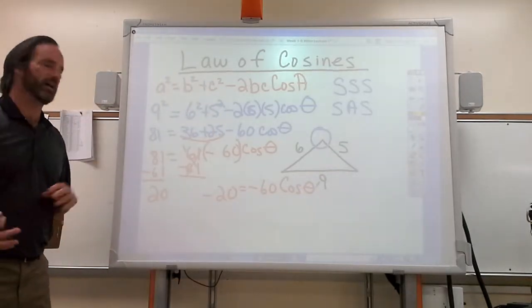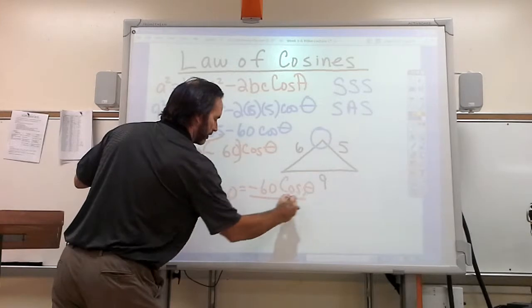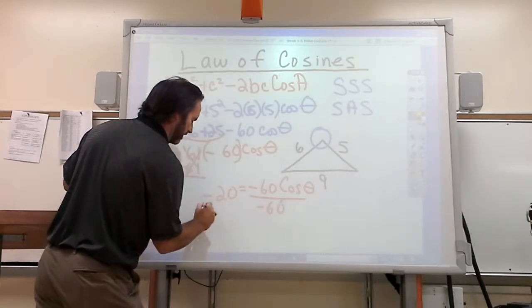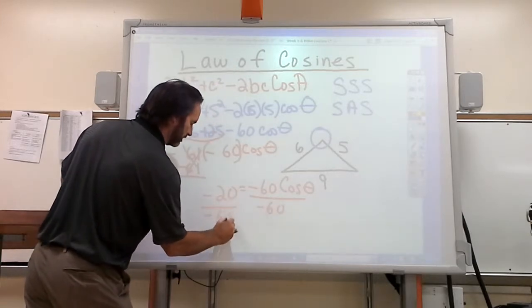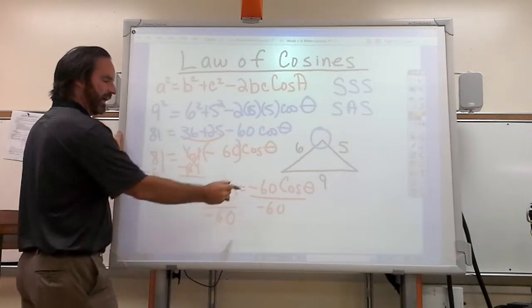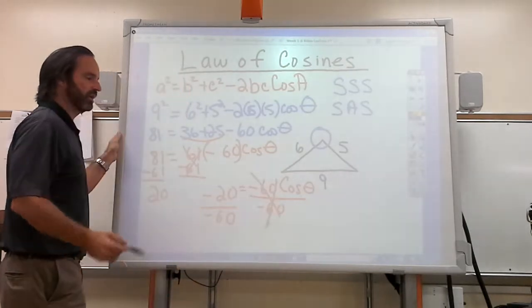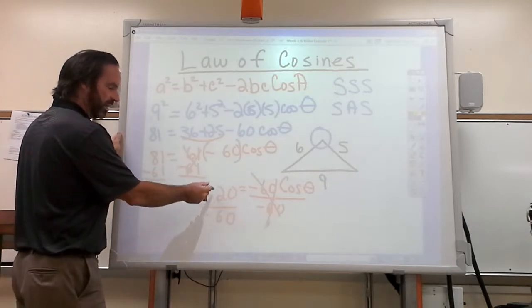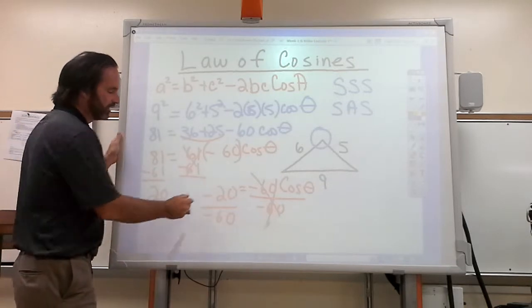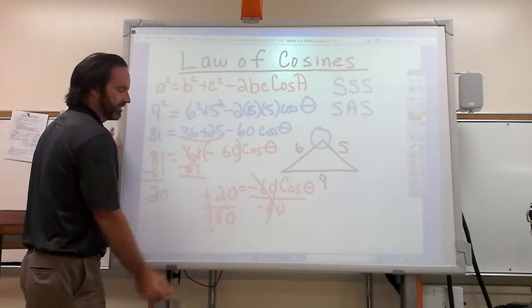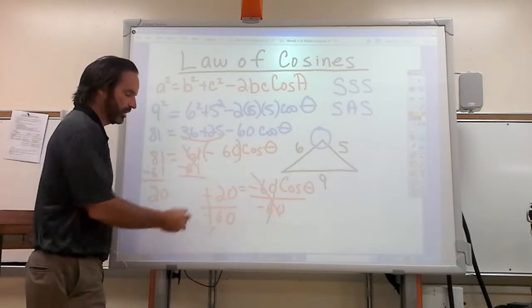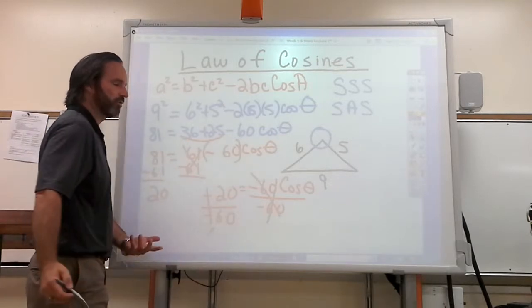And then we divide both sides by negative 60. Negative 60 over negative 60 cancels out, and cosine of theta equals negative 20 over negative 60. That's basically 1/3, since 20 over 60 is 1/3.